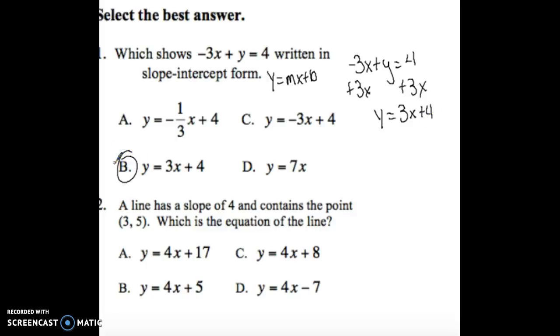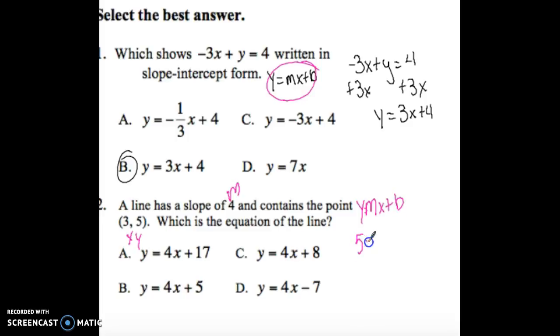For number 2, you have to write an equation in slope-intercept form that contains a point and has the slope of 4. So again, you're going to use your y equals mx plus b. You know m, you know x, you know y. So you're going to plug those into y equals mx plus b.